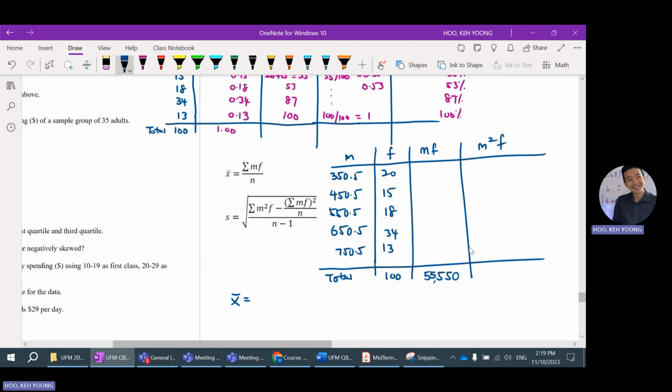Take your time. Calculate one by one carefully here. Make sure you don't calculate wrong here. So add up all the values.